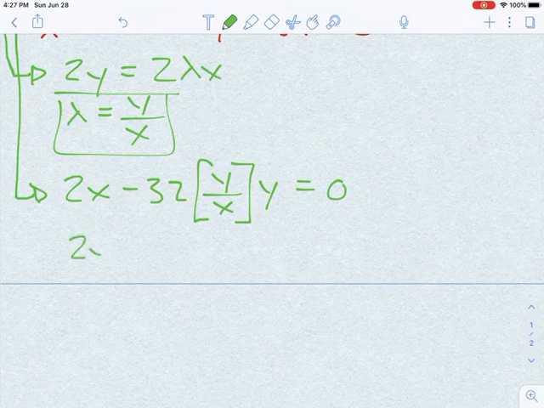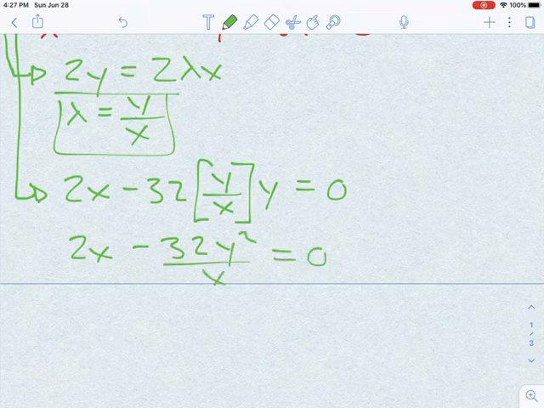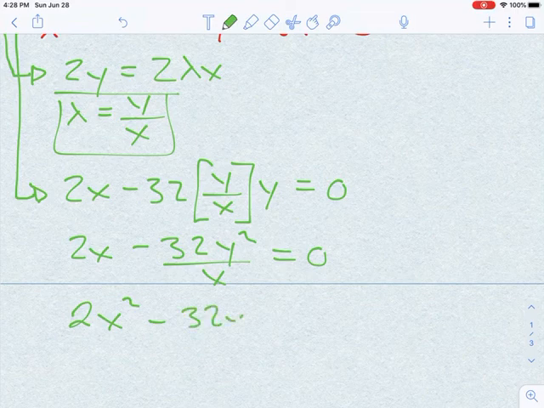or 2x minus 32y² over x equals 0. Now, multiplying both sides of the equation by x, we end up with 2x² minus 32y² equals 0. Let's solve this for x.